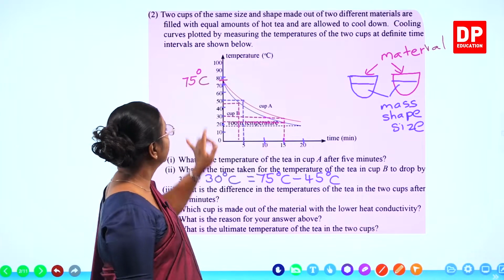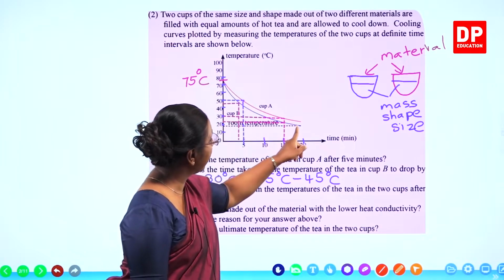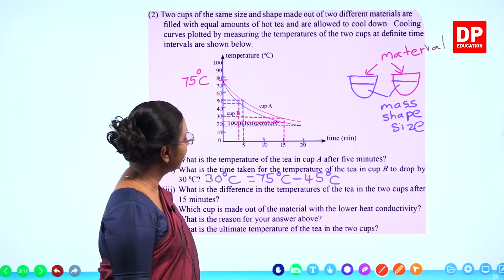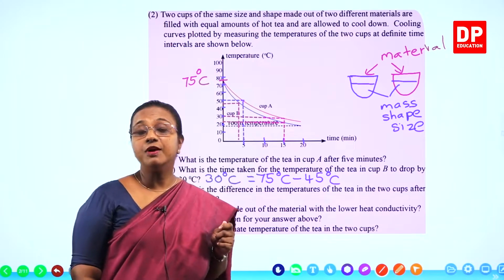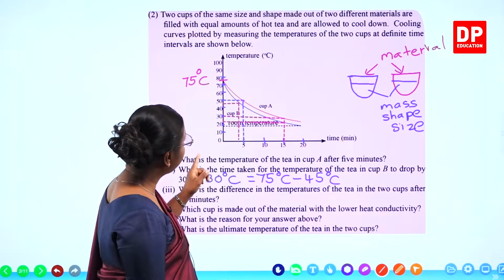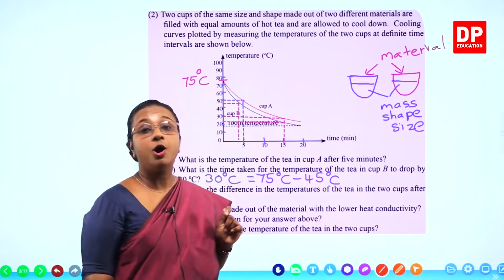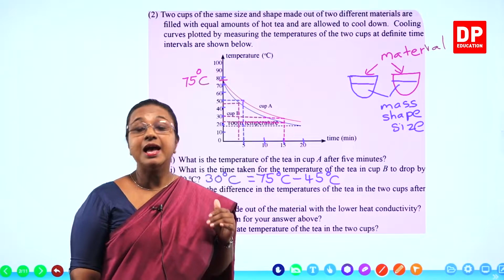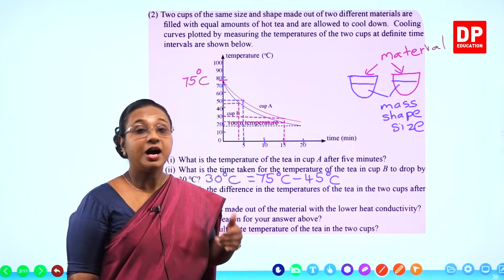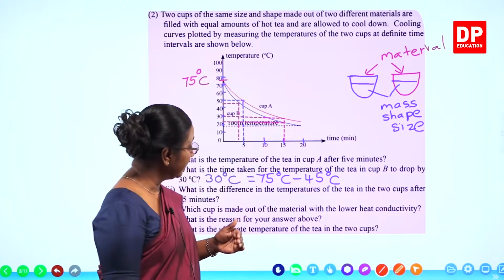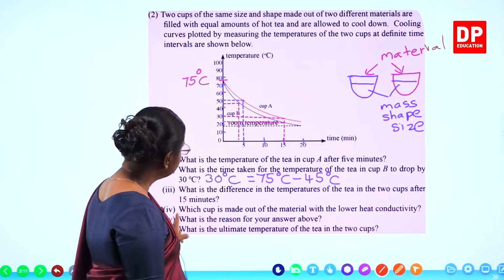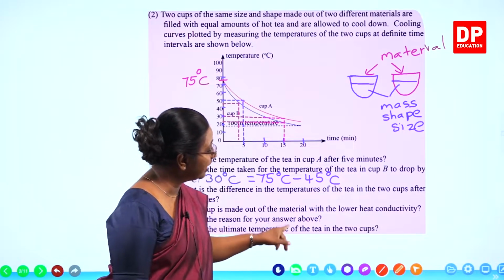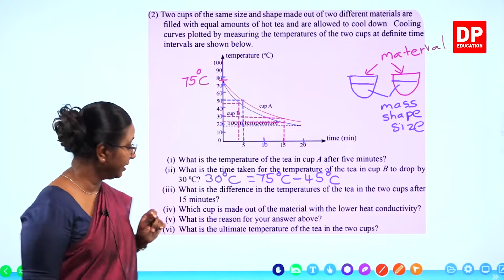Out of these two, you can see cup B has reached room temperature at the end of 20 minutes, whereas cup A is still hot. Cup A has a higher temperature. So that means cup A is made out of the material with the lower heat conductivity.